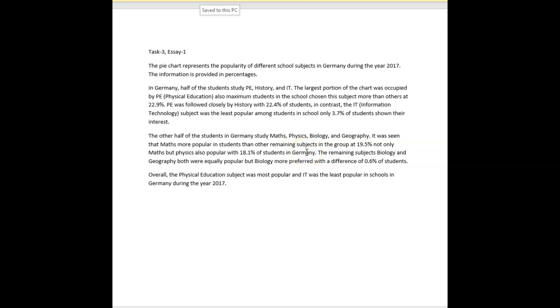Okay, that's fine. The remaining subjects, biology and geography, were both equally popular, but biology was more preferred with a difference of 0.6% of students. Overall, physical education, and we don't say "the physical education subject," we just say physical education, was the most popular, and IT was the least popular in schools in Germany during the year 2017.